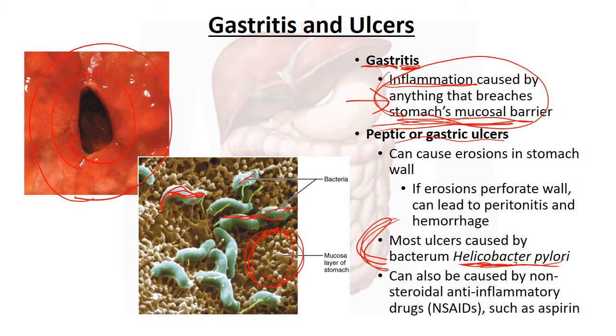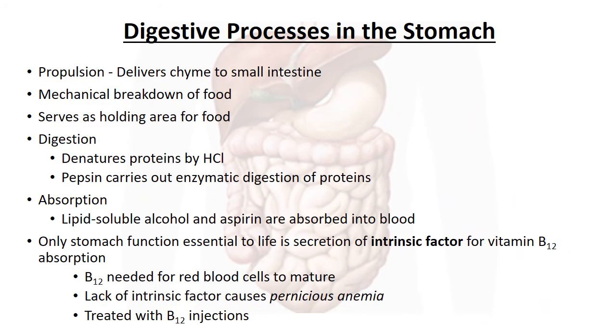Now since it's a bacteria, it can easily be treated with antibiotics. So frequently, people who have had gastric ulcers, we can go in, find out, do they have H. pylori? No problem, we'll give you some antibiotics, and guess what? Your ulcers are cured. Also, though, not all ulcers are caused by H. pylori. If you take a non-steroidal anti-inflammatory drug, such as an NSAID or an aspirin, that can also cause ulcers.